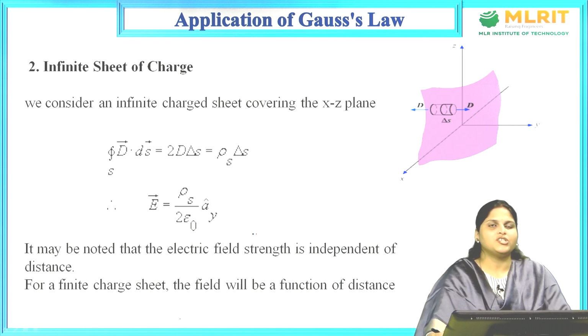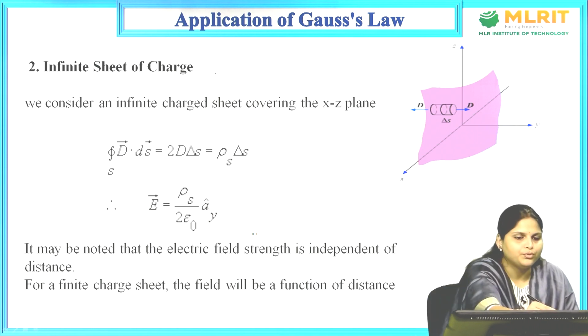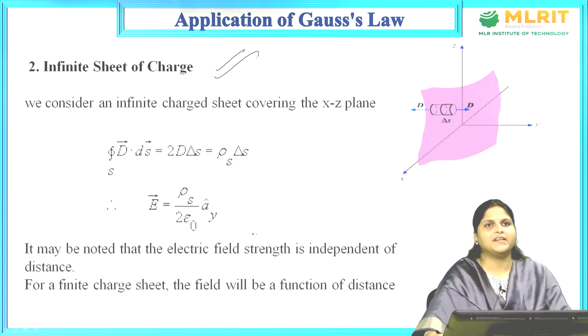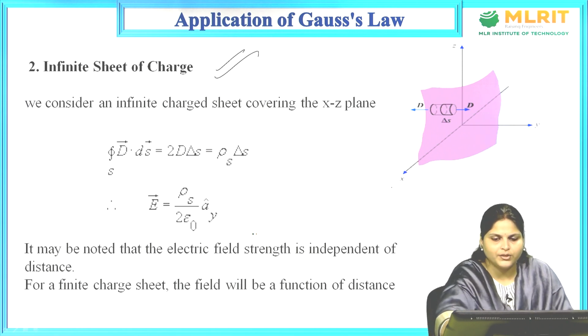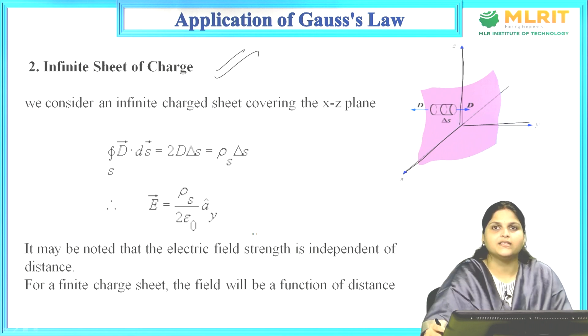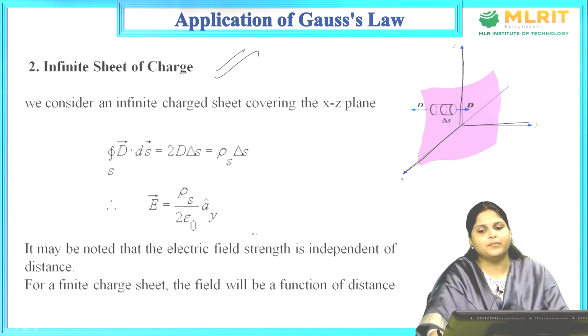Next application is, we can find the electric field intensity due to an infinite sheet of charge. So we are going to consider one sheet of charge. Here you can see we have a 3D system and a sheet of charge covering the XZ plane.